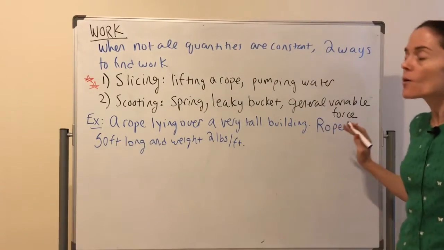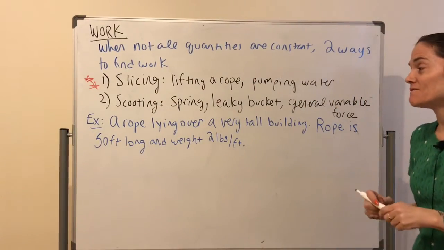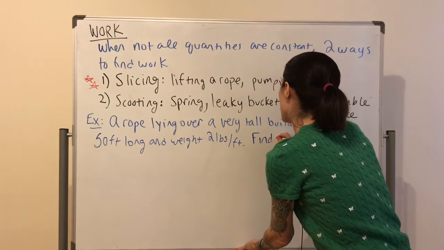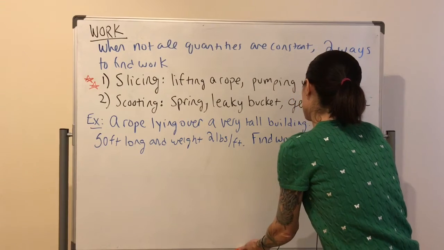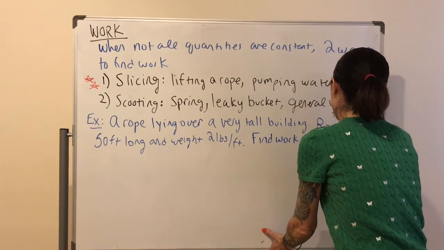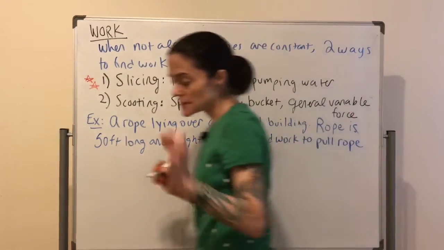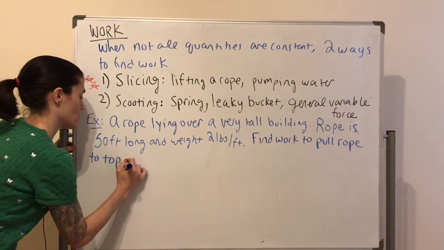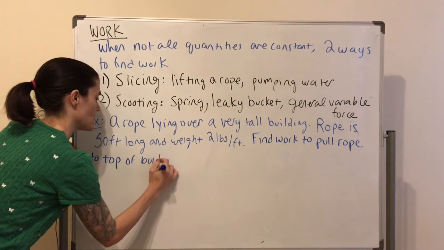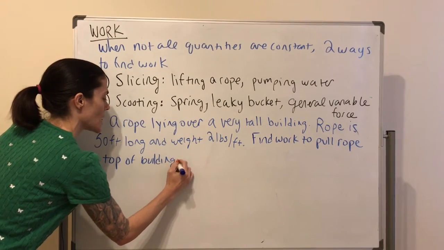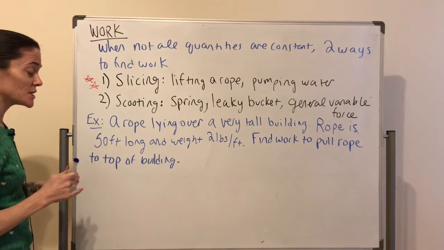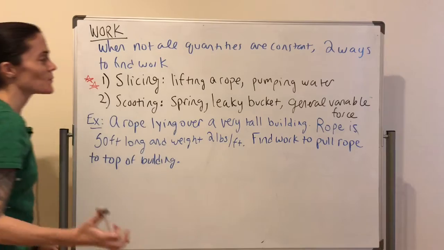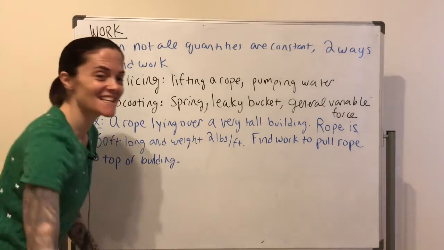So immediately we know we are US customary, right? Because we see feet and pounds. We want to find the work to pull the rope, or lift the rope, to the top of the building. Let us first draw a picture, and while it's lifting a rope, we are slicing.